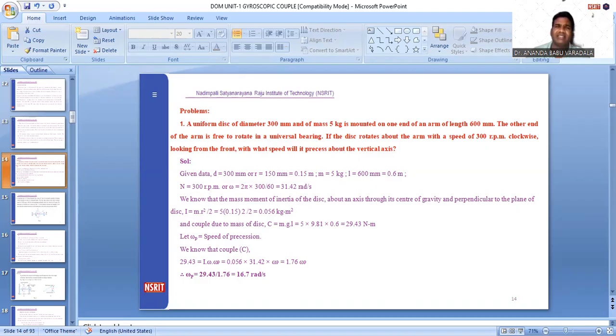The vertical axis. In the last class, we have discussed this vertical axis OY is called the axis of precession.